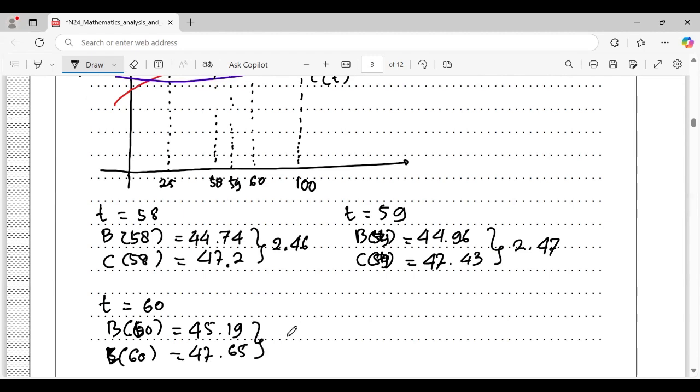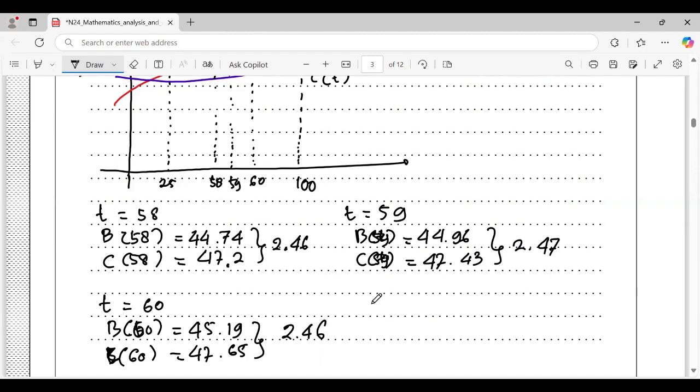And the gap or the difference is 2.46 million people. So the greatest gap or the greatest difference occurs when t equals 59.